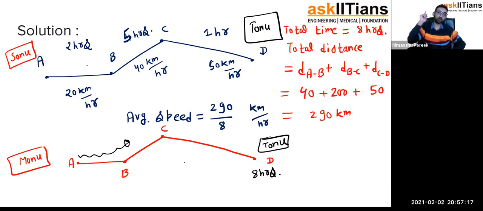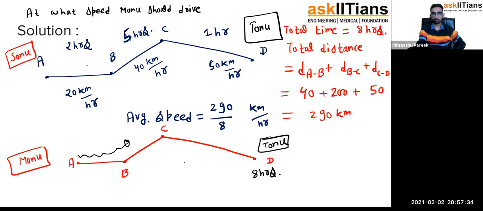So at which speed should I go? Listen to me. At what speed should Monu drive so that he reaches Tonu's place exactly after 8 hours?